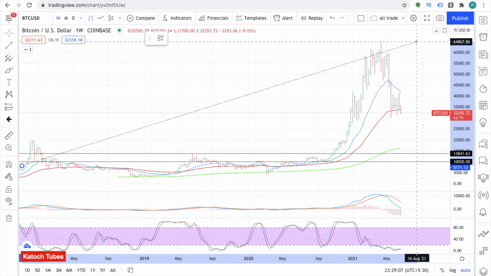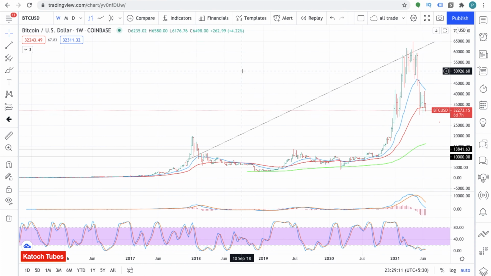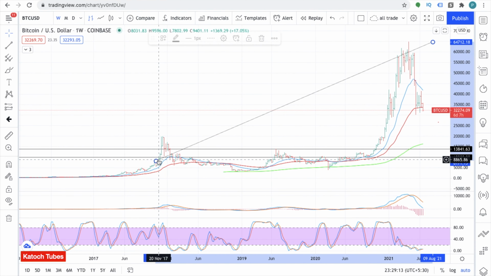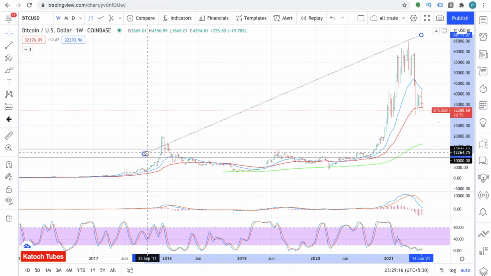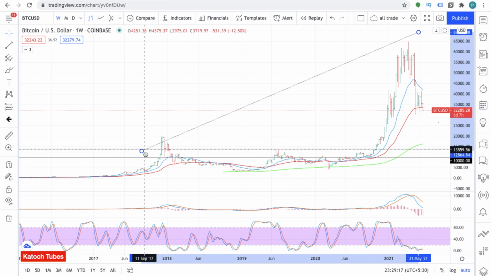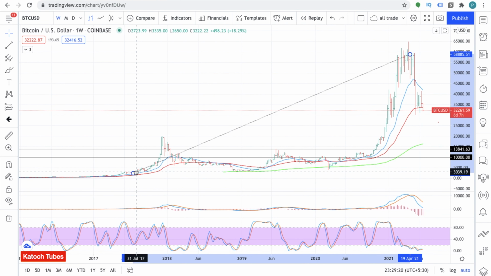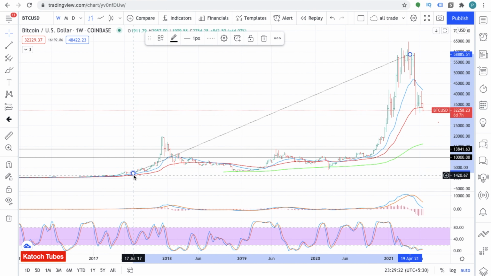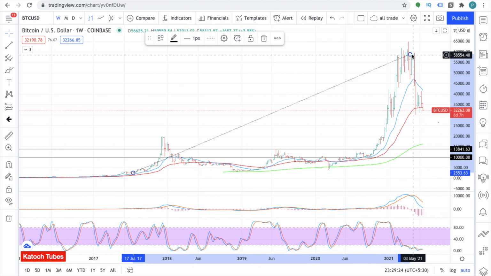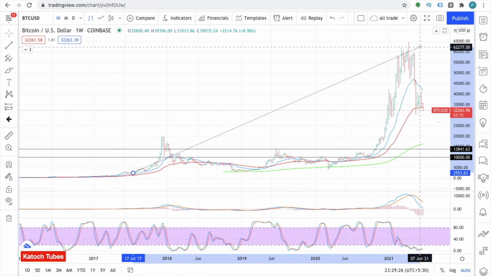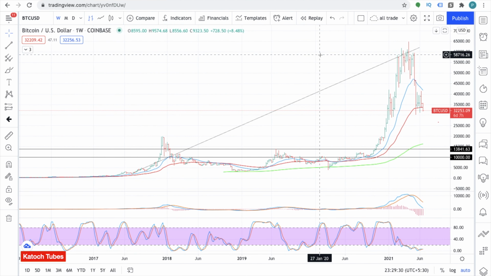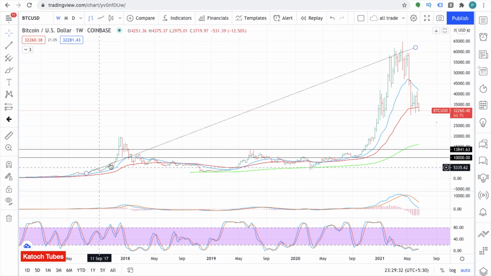So let me see if it makes sense. I can either put it here or put it here. If I put it here, it doesn't make sense, but if I put it here, you can see the touch points on the weekly. So here you can see a particular trend line is all set.